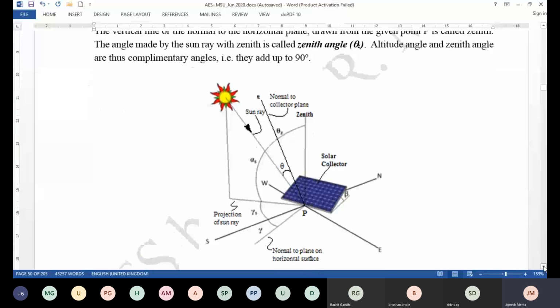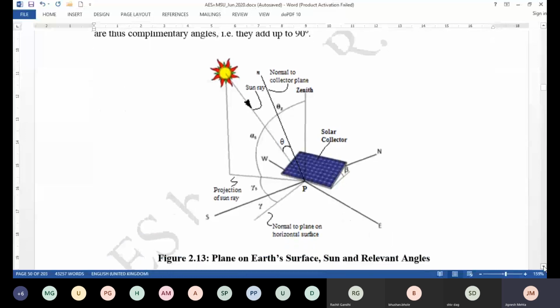So finally the number that is of interest to us is this theta, that is incidence angle. So what is this diagram? You should try and draw this diagram now, or maybe later. This is one of the very important diagrams.